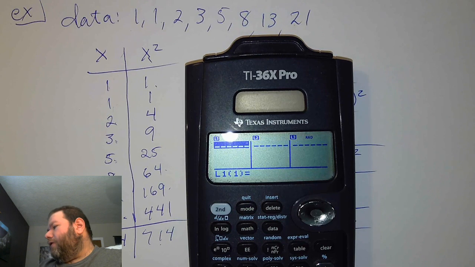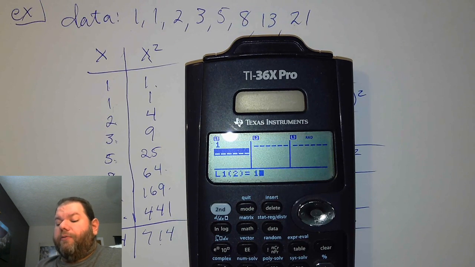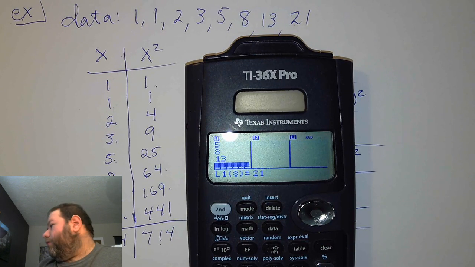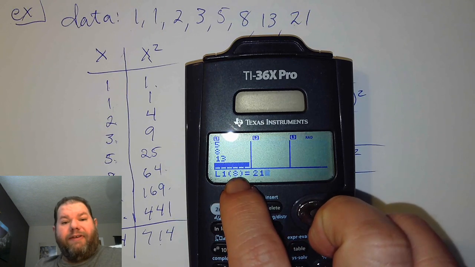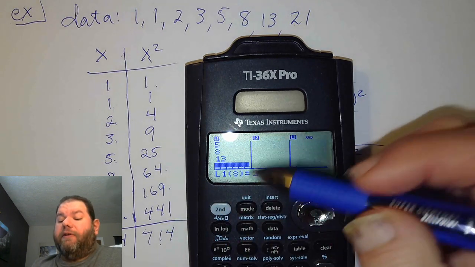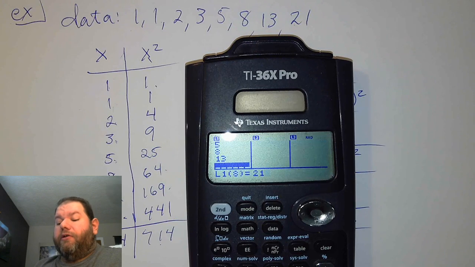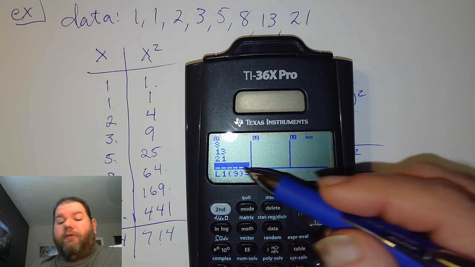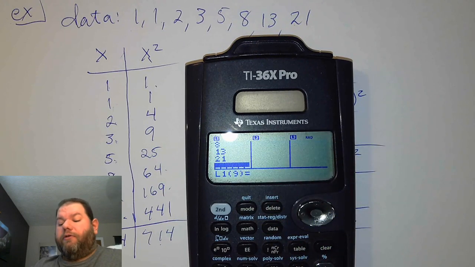And I'll enter in each of our numbers: 1, 1, 2, 3, 5, 8, 13, and then our 8th value should be 21, which we see L1 parentheses 8. That means it is the 8th value that we're entering. And it goes on to 9, but this is blank, so we still have 8 values entered.